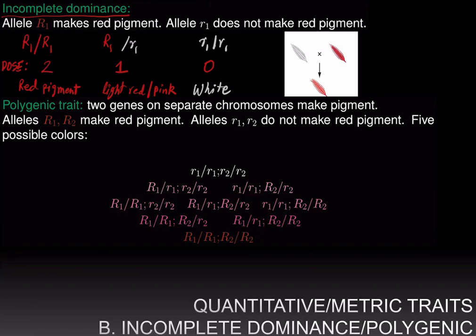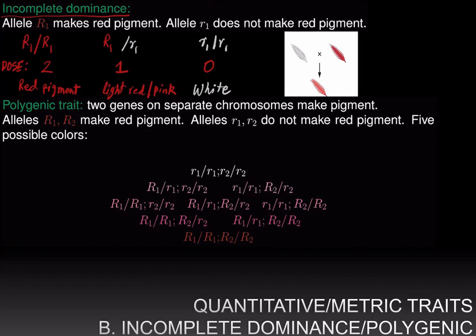So we see that with incomplete dominance, instead of having discrete traits that come in 2 varieties, for example, yellow and green, we now have 3 varieties. And this is still a far cry from quantitative or metric traits that vary continuously.